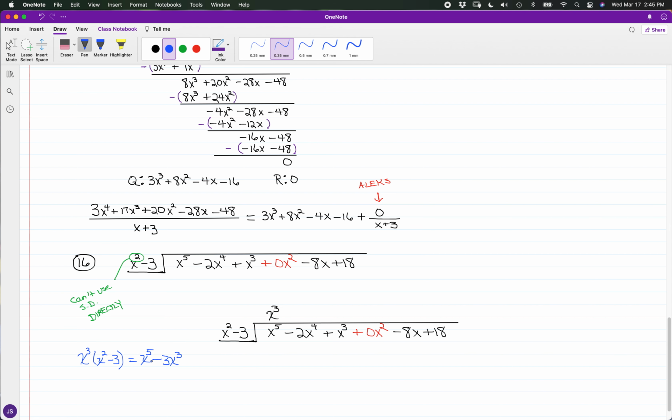If I line these terms up with the like terms from the dividend, x to the 5th will be lined up. Next term is not 4th order, but a cube, so we'll have minus 3x cubed. I'm going to situate this underneath, not negative 2x to the 4th, but minus 3x cubed.